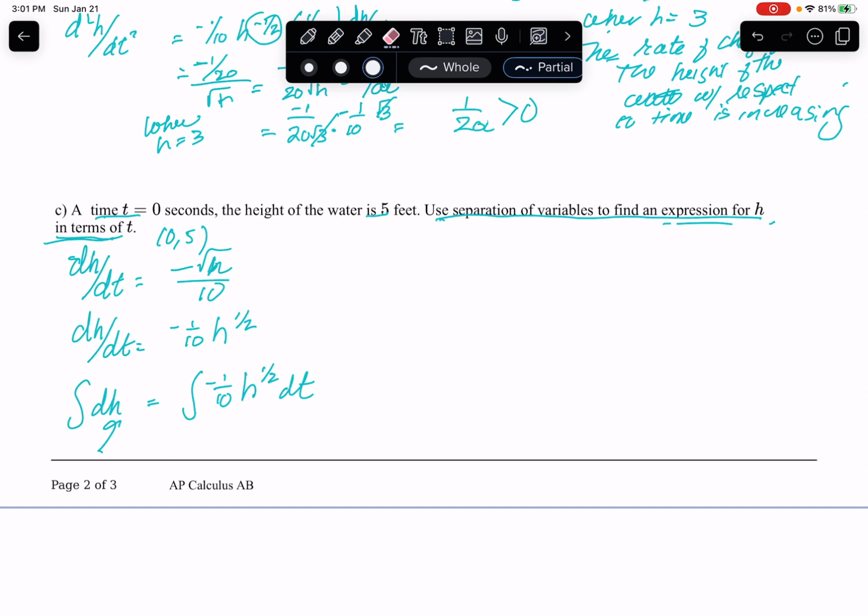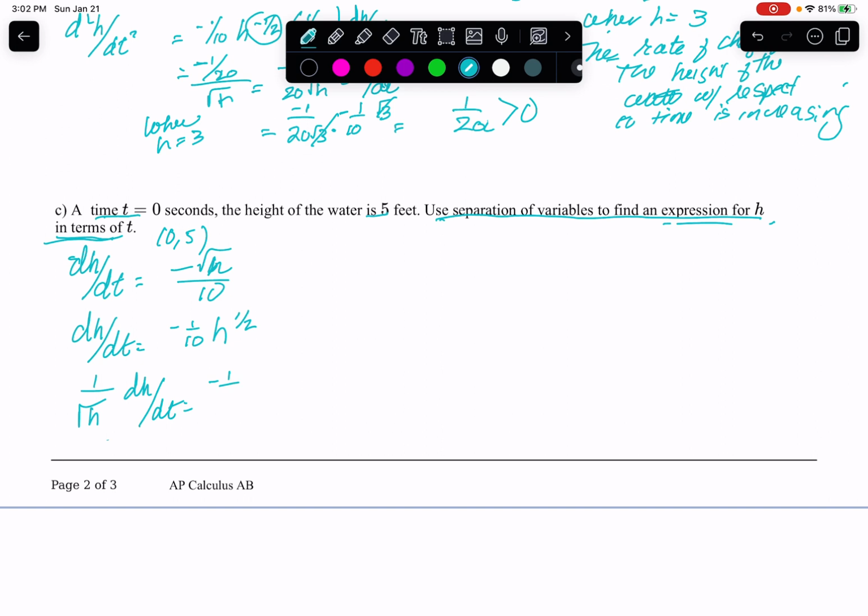So let's go back. Okay, so 1 over the square root of h dH is equal to negative 1/10 dt. There we go, finally.